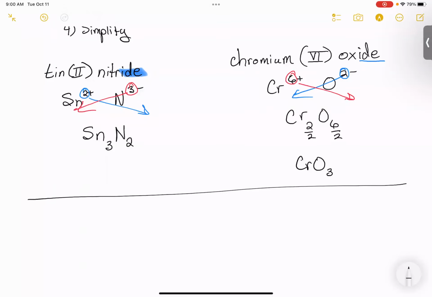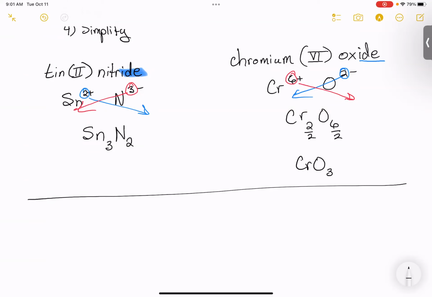Basically, names to formulas aren't bad if you know which metals always have a constant charge and what that charge is, and if you know the names of your anions. Ide, 90% of the time, is an element.